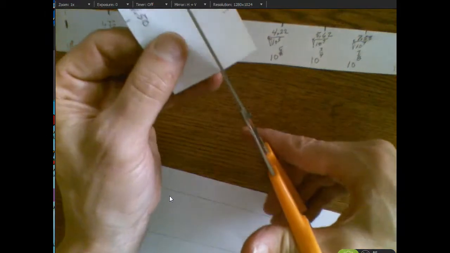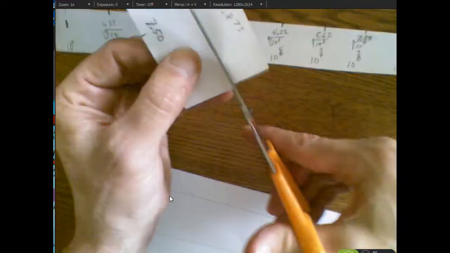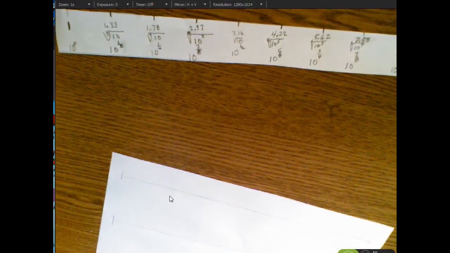That's what's called a log scale. We've just made a log scale. You see where I'm cutting this now? I'm just going to cut this off. All I'm doing is trying to have some uniformity of everybody's scale, so that if we're uniform, we're going to multiply numbers now, and that's what we're going to do.